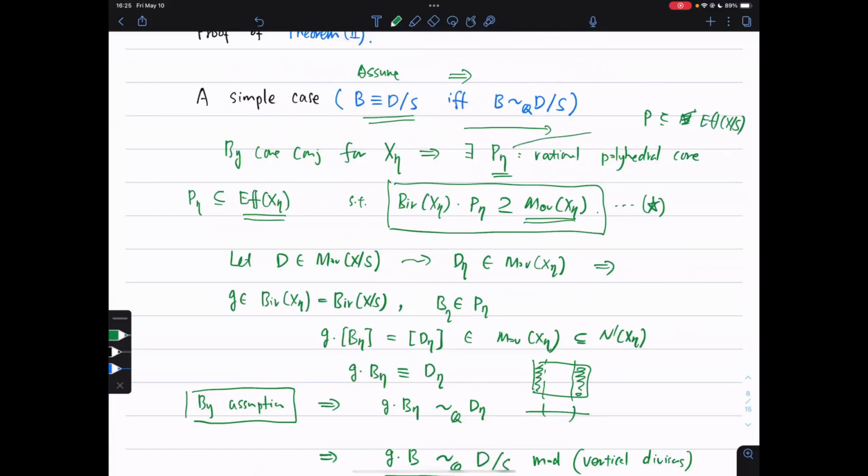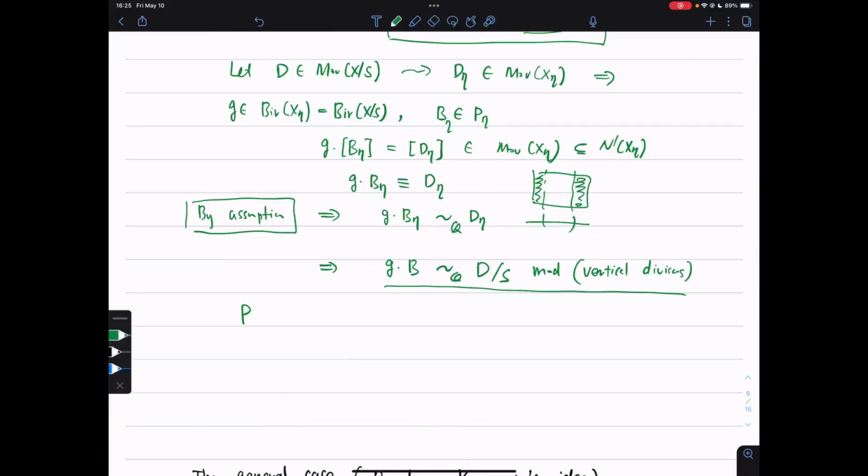So we just lift it to a rational polyhedron cone inside the effective cone. But now we consider something larger. We define this cone to be P plus a linear space. This is a truly non-trivial linear space plus vertical divisors.